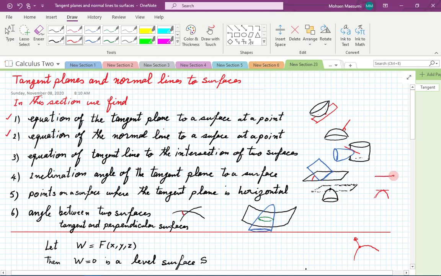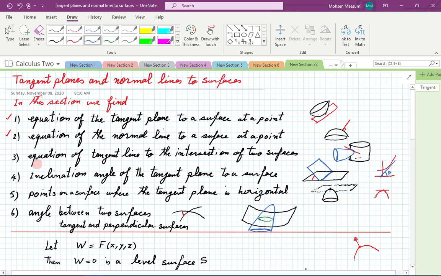Over there, equivalent problem would be you have some curve, you draw the tangent line to it, and then you want to know what angle it makes with the x-axis. Now we have the same question in 3D. We have a surface, we draw a tangent plane to it, and the question is what angle it makes with the xy coordinate plane. Let's go ahead and take a look at these two.